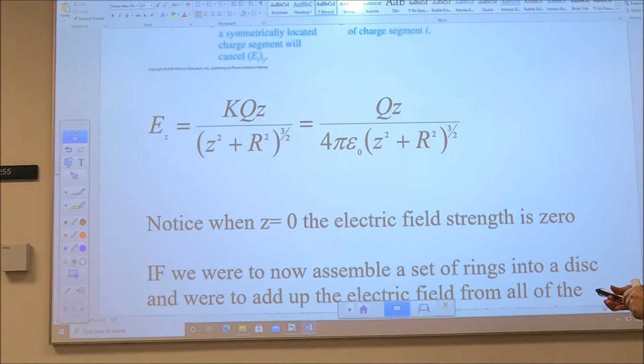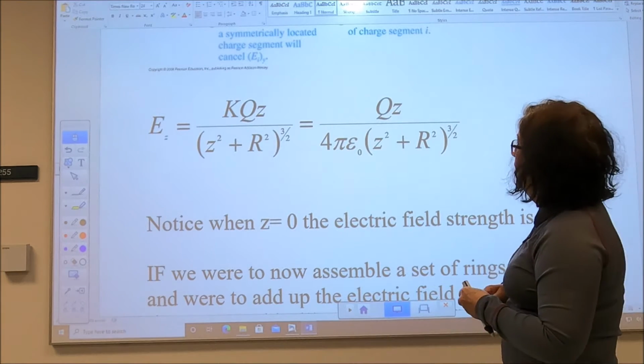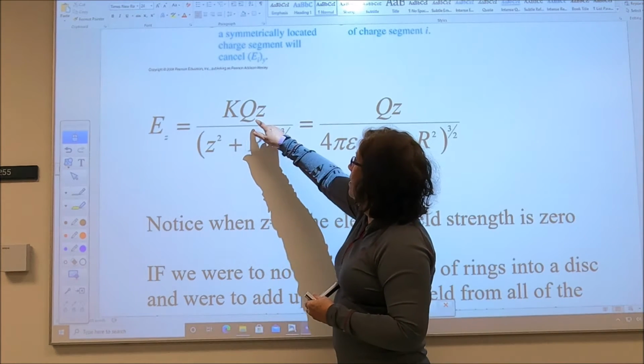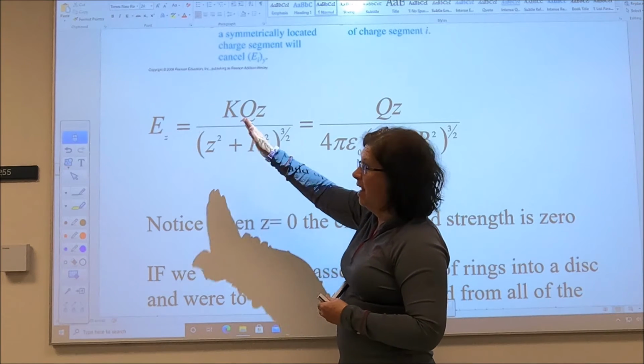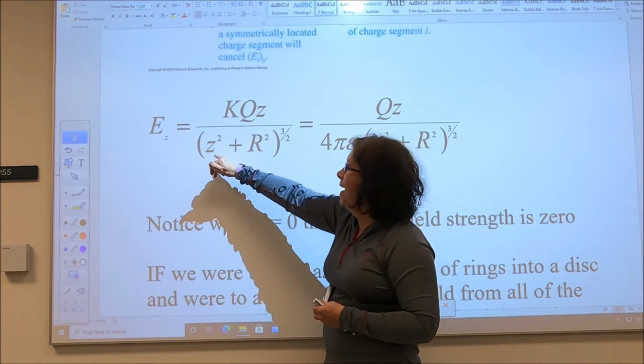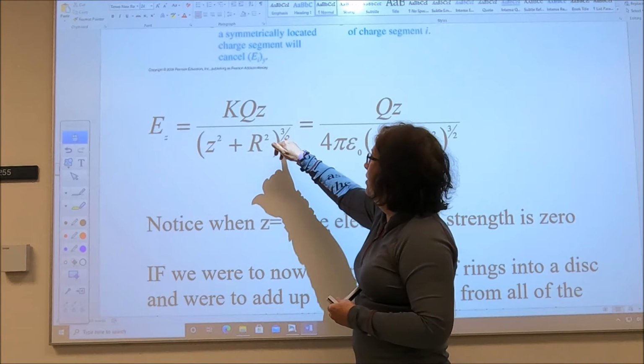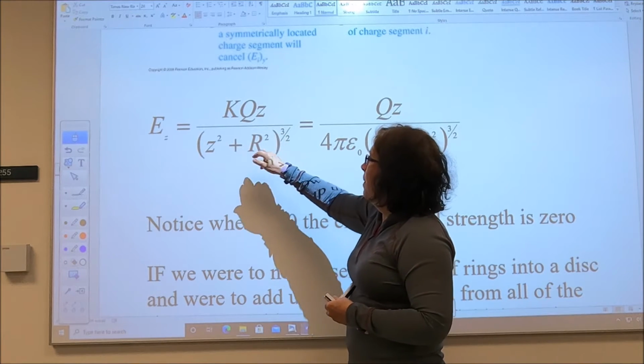So when we integrate for our plane, we get E out perpendicular from the plane with a strength of K times Q, the amount of charge on the plane, times Z, the distance from the plane, divided by Z squared plus R squared to the 3/2 power.